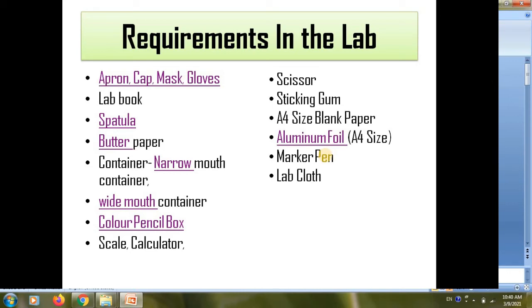After pouring the hot solution, we have to keep that mold in a deep freezer for almost 20 minutes to half an hour. On that we have to write your roll number for proper identification. So we require a marker pen, and one more thing, a lab cloth.